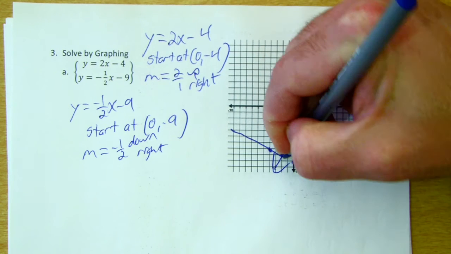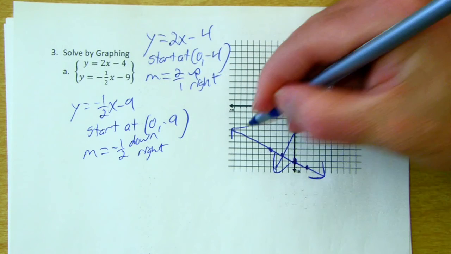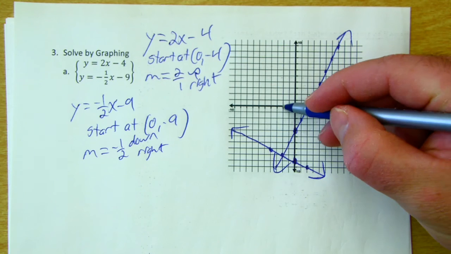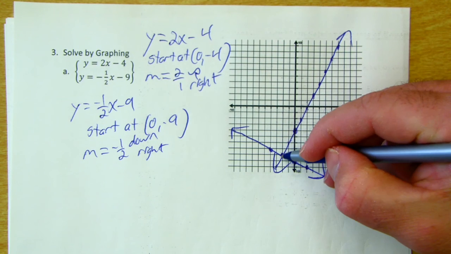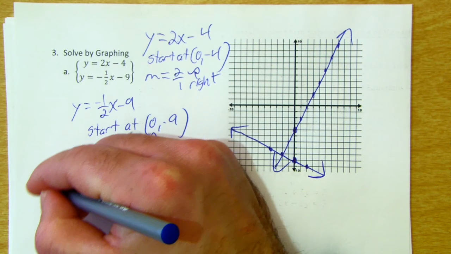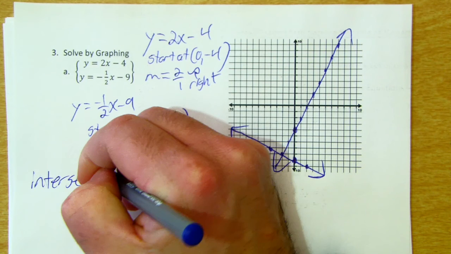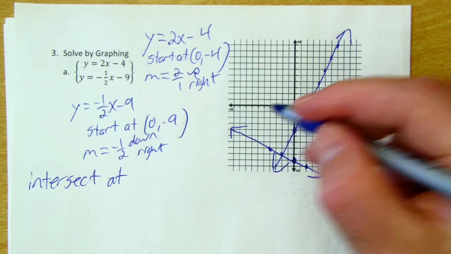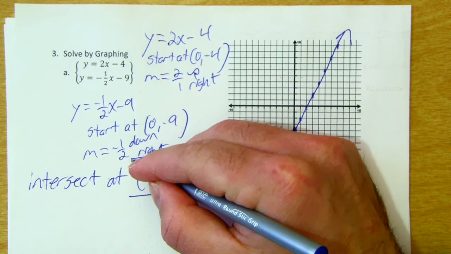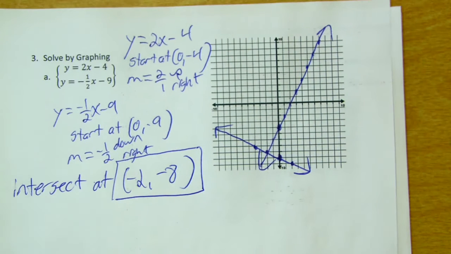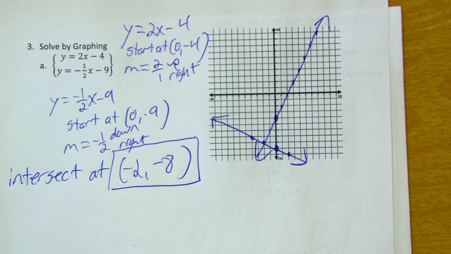And I can see where we intersect, and that's at 1, 2, 3, 4, 5, 6. So that's my solution. (-2, -8) is my solution to this system.